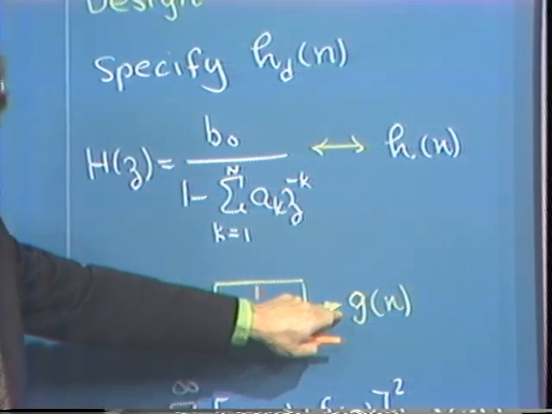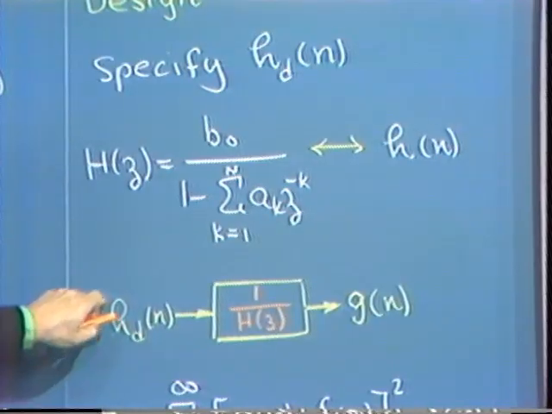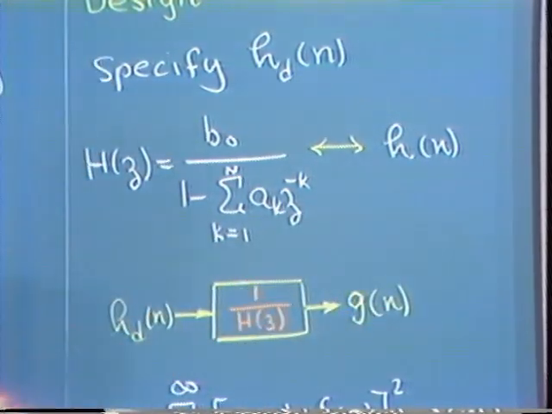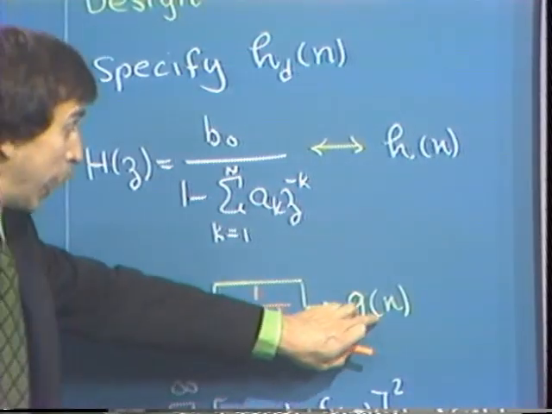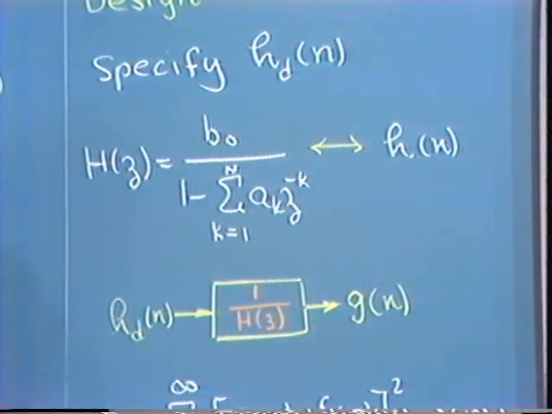Well, it would be a unit sample, because this would be exactly the inverse of this unit sample response. Let's think of the output as g of n, and ideally, g of n should be an impulse, a unit sample. Well, in general, of course, it won't be.